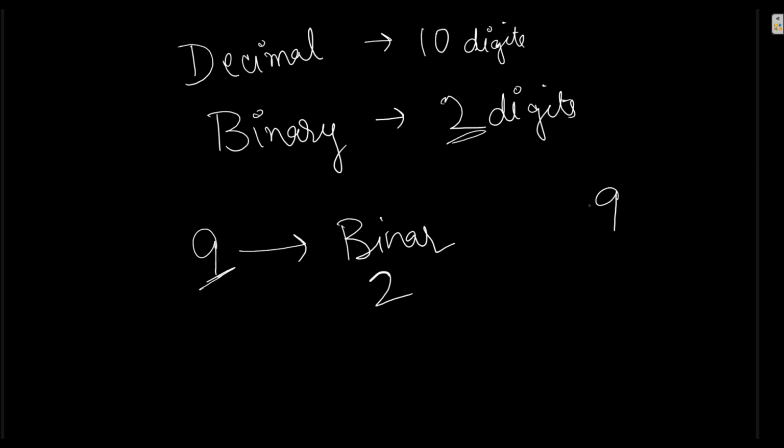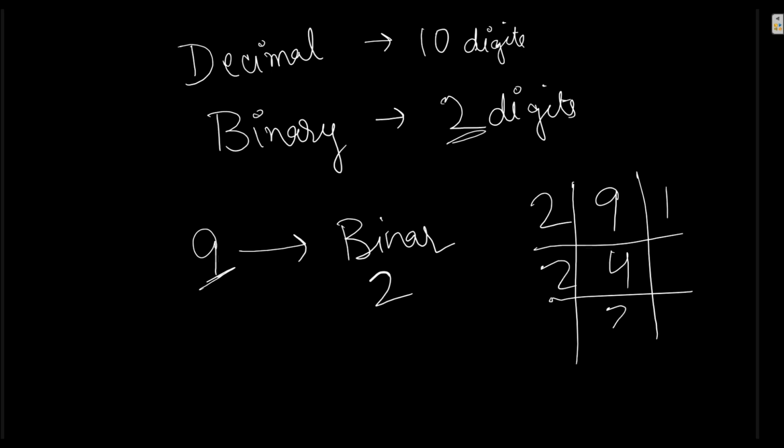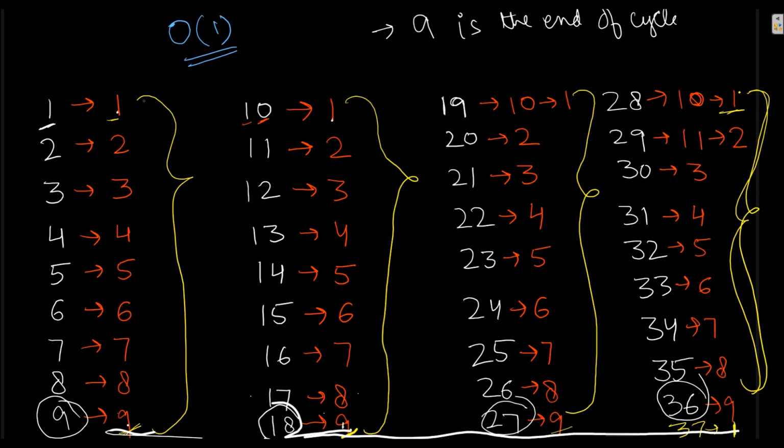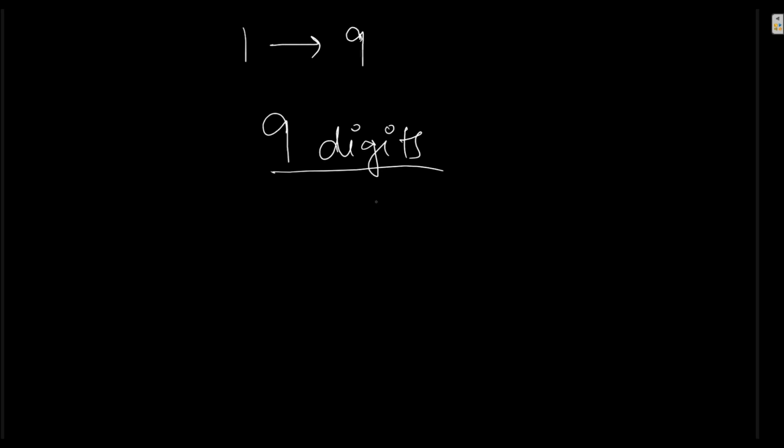When I divide 9 by 2, 2 4s are 8, remainder 1, 2 2s are 4, remainder 0, 2 1s are 2, and we write 1 0 0 1 in binary form. Now we can say there is a pattern from 1 to 9. So I have 9 digits, from 1 to 9, and simply I can divide by 9.